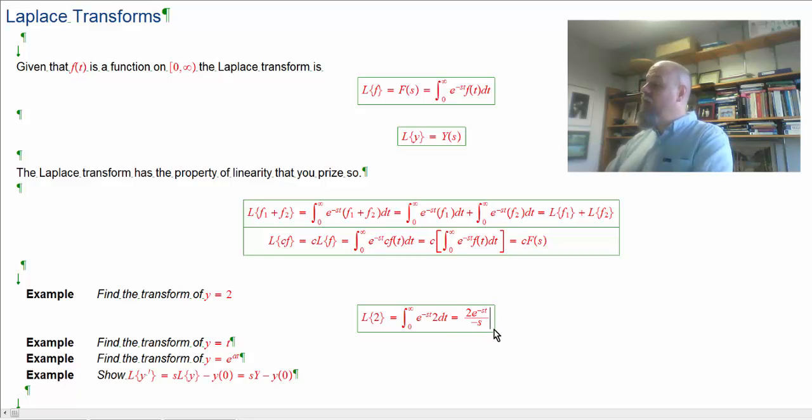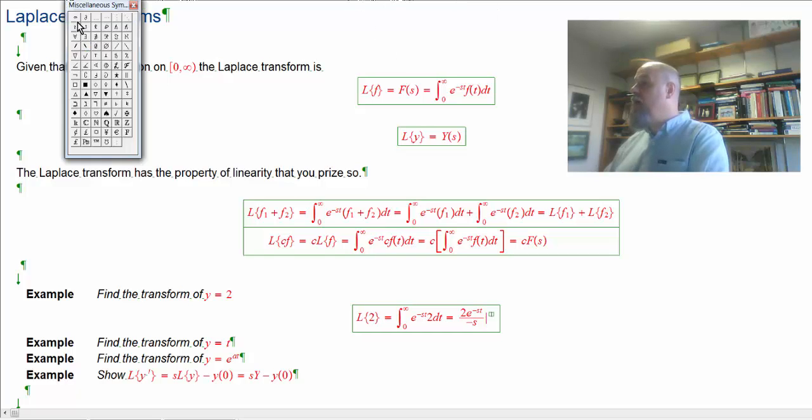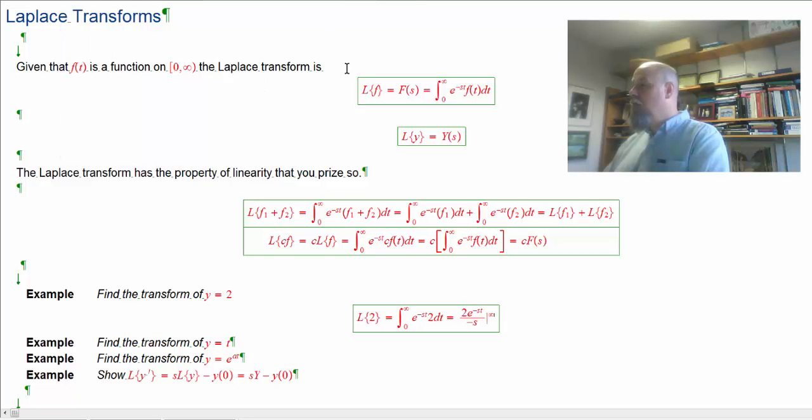And now I have to sub in the top minus sub in the bottom. Sub in the top, that's infinity on the top and 0 on the bottom. I'm going to write this in a casual way so that we can just sort of see what's going on.